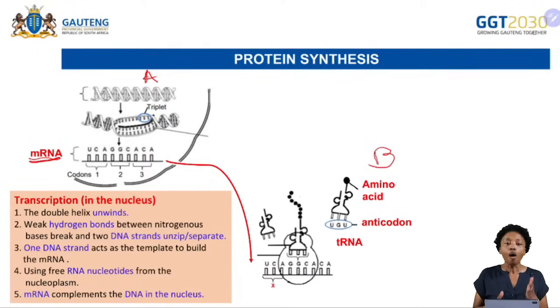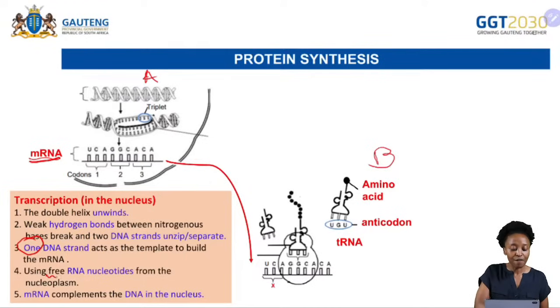After that, only one strand of the DNA acts as a template onto which the mRNA will be built. Remember, with replication, we said each strand or both strands. Here, only one acts as a template. And how is it built?